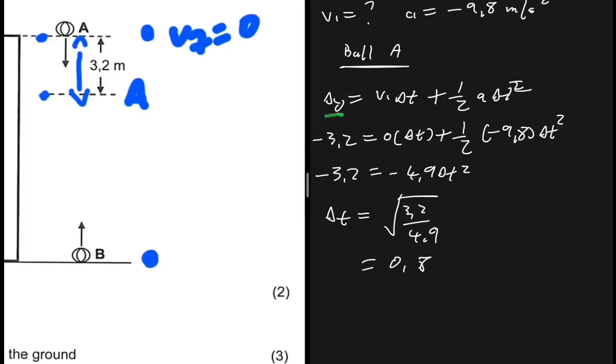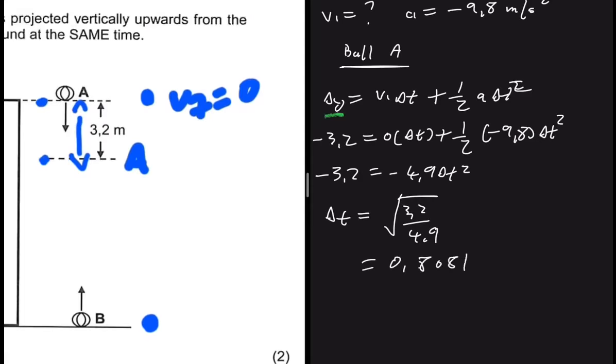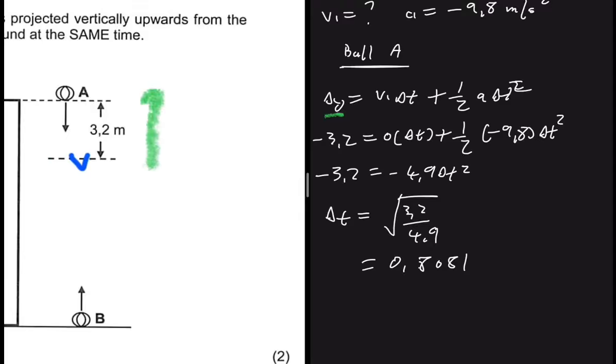So we have 0.8081. So right, the time for this part of the motion from this point to this point is 0.8081, right?